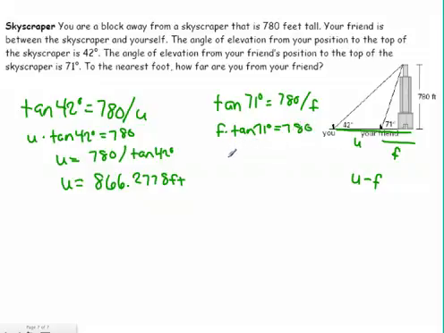We'll divide both sides by the tangent, so we'll have 780 divided by the tangent of 71 degrees. And for us, your friend is actually 268.5755 feet from the skyscraper. So they're like 270, you're like 865 feet away from there.